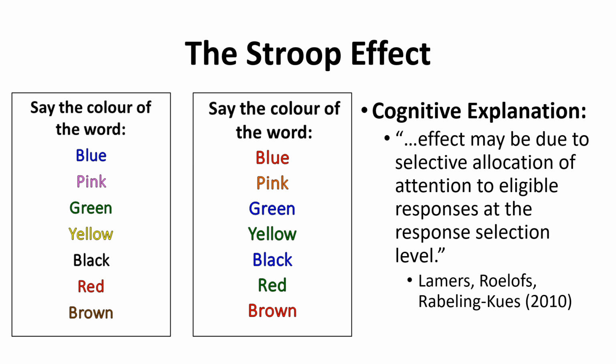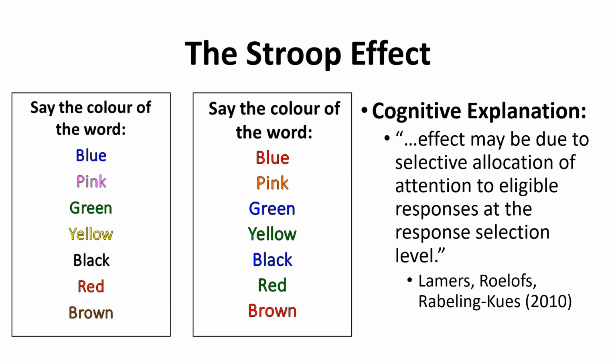We have trouble discriminating, or trouble responding to the right thing, which is the color of the word, and we have trouble not responding to the wrong thing, which is the letters of the word. So we could talk about the color of the word being a controlling stimulus that influences how fast you say the color of the word. If it matches the text of the word, we're going to say it faster, and if it doesn't match, we're going to say it slower.